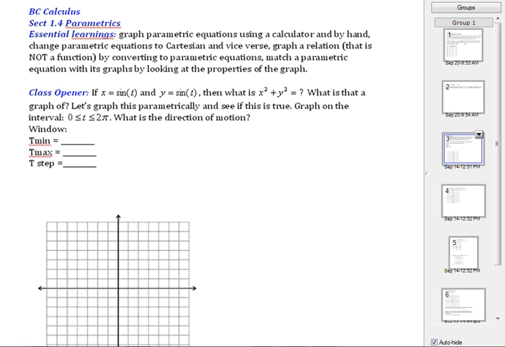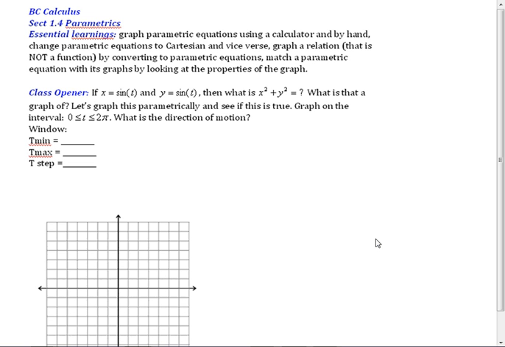Where did we leave off? 1.4 through 1.6. Okay. Homework quiz, Wednesday, 1.4 to 1.6. Okay, guys?